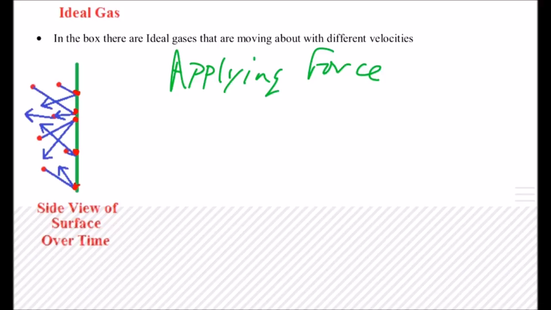We have contact force and field force, okay? So since these gas molecules are touching that wall, they're applying a force to it, and that's the force of impact, okay? And we remember, I hope, that the formula for the force of impact is the change in momentum over the change in time.